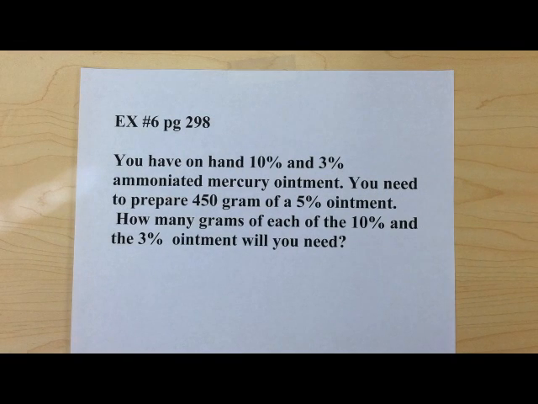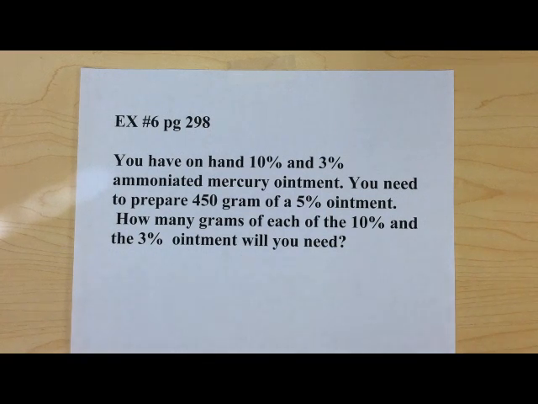Hello, now we're back and we're still looking towards the end chapters here, and this is an illustration where we're going to see what's called an alligation problem, and I like to refer to it as the tic-tac-toe box method, when we are taking two different percents and making an entirely third different percent of the same drug solution.